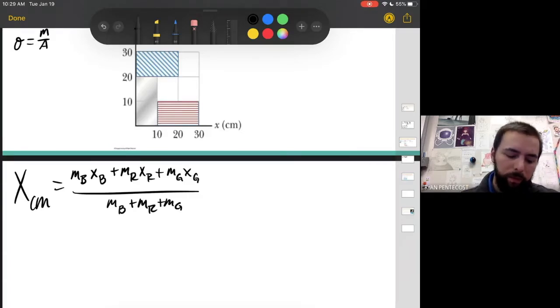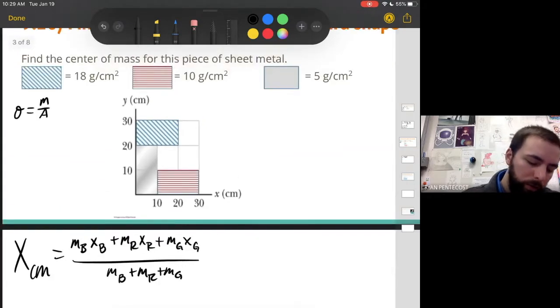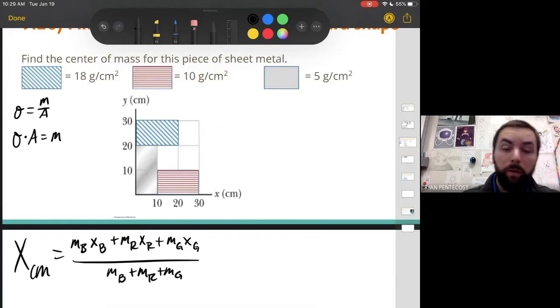Now, we need m and x for each of these. You can see here that if we do sigma times A, you'll get mass. So we will find that. Now, finding the x and y center of mass is going to be kind of tricky. What we'll do is just use this graph, because everything is pretty nice and neat in this diagram.